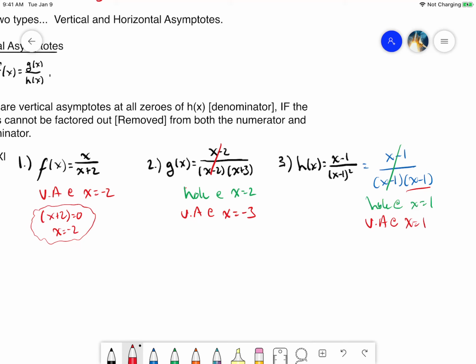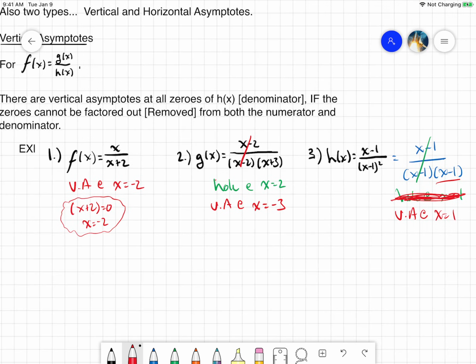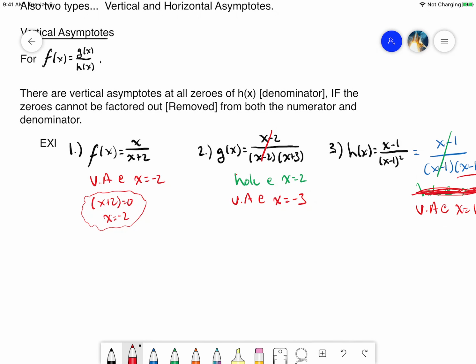And the truth is, if we have both a vertical asymptote and a hole at the same value, that vertical asymptote is going to win every single time. Because my function can't ever equal it anyway, there's never going to be anything there. And that's how we can determine between holes and vertical asymptotes.